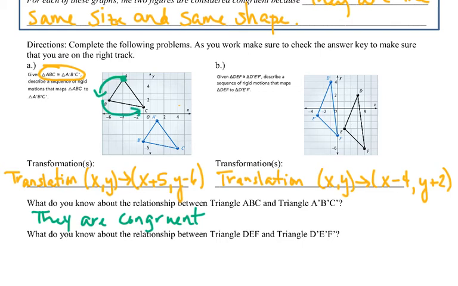So I am moving in a counterclockwise direction. If I name this A prime and I go to B prime, I'm going in the same direction, counterclockwise, when I name them A prime, B prime, C prime. So we say, if they're in the same direction when we name them, that it has the same orientation.